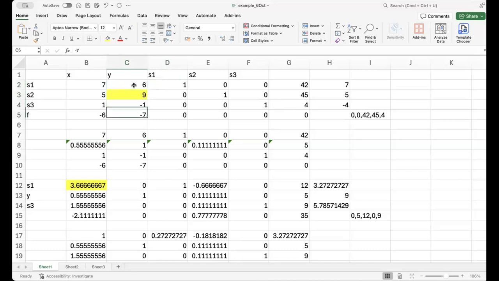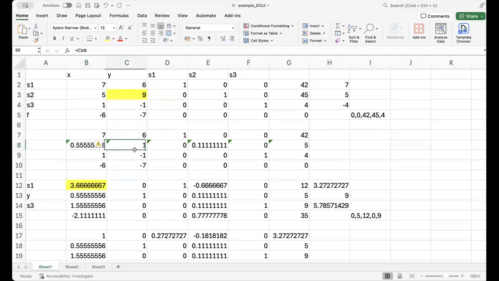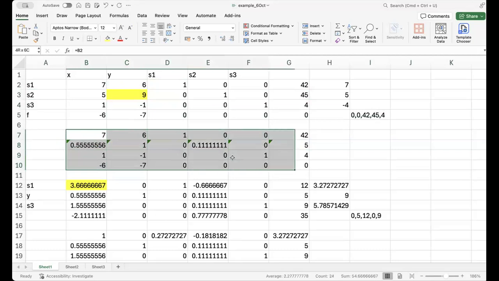This 1, right? 0, 0. So we start from this, divide this row by 9, and you obtain this table.